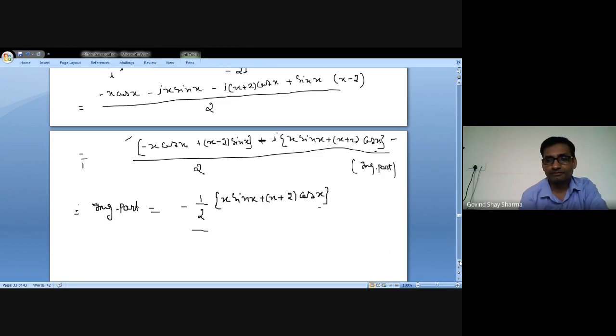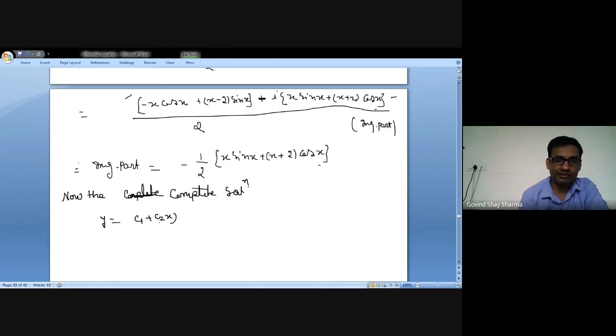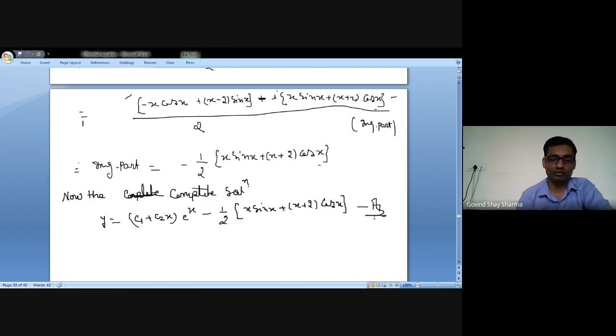So now the complete solution is y equals c1 plus c2 x e to the power x, plus the PI, minus half x sin x plus x plus 2 cos x. This is called the answer.